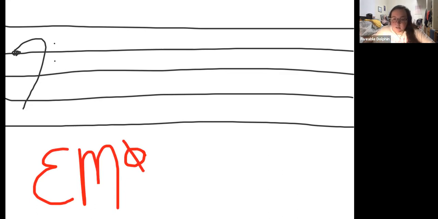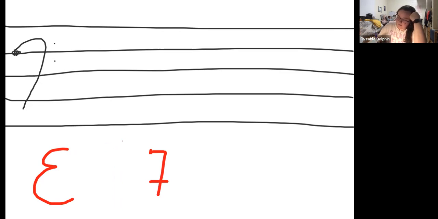Was this in any inversion? Don't think so. So this is just like this. I'm gonna rewrite this a bit smaller because I need to go further down.